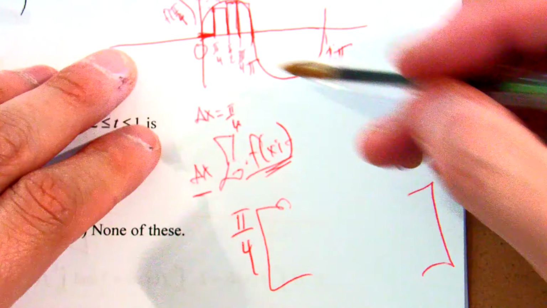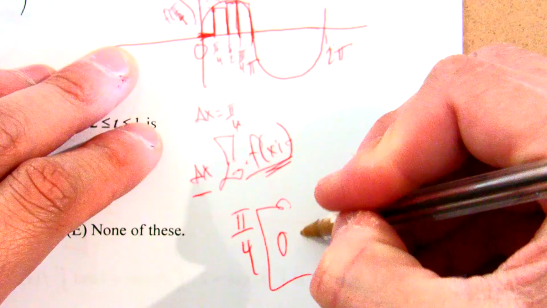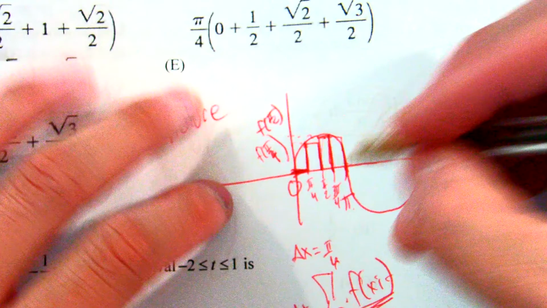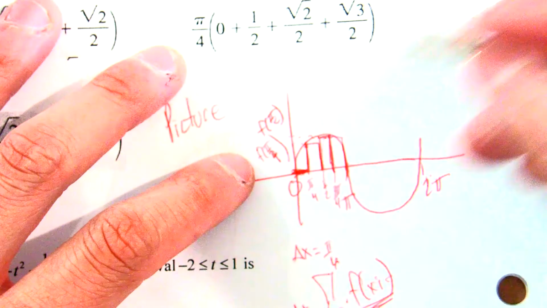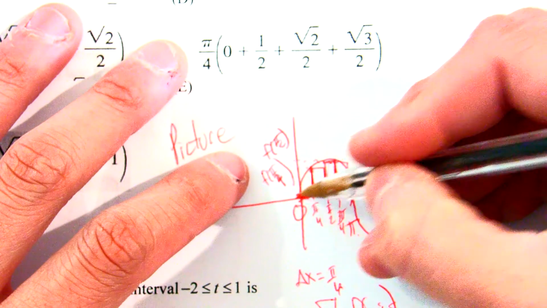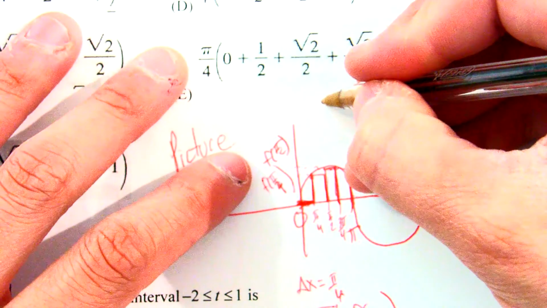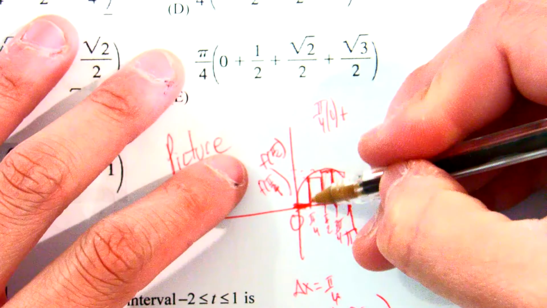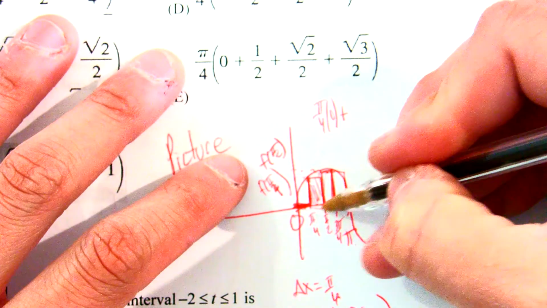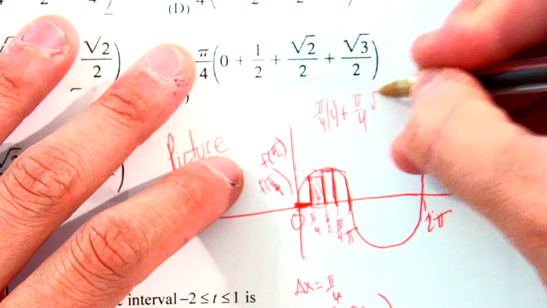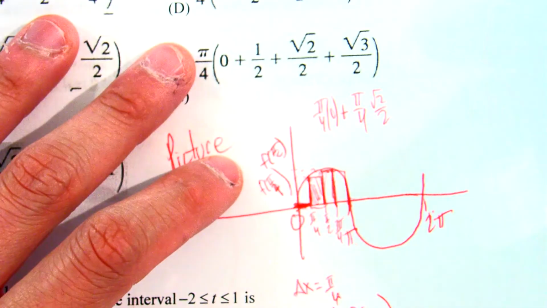So the first one was 0, because I have to add all the areas. Look, the first area is 0 here, because the height is 0 and the distance is pi over 4. So you have pi over 4 times 0, plus this box here. This distance is pi over 4 times the height, which is root 2 over 2, because that's the sine of pi over 4.